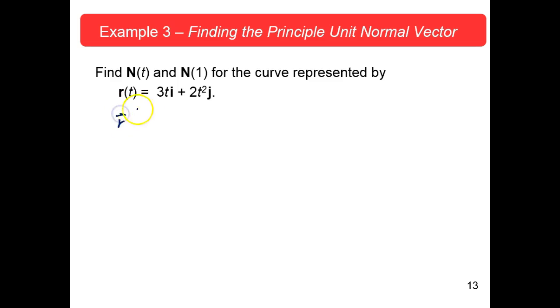R prime of t is equal to what? 3i plus 4tj, perfect. What do we do with that? Take its magnitude. The magnitude then of r prime of t is equal to what?